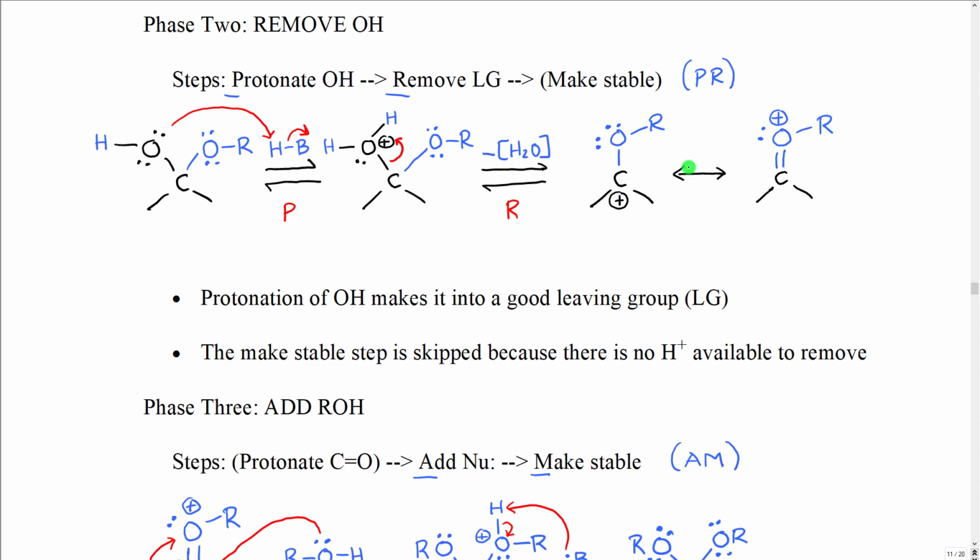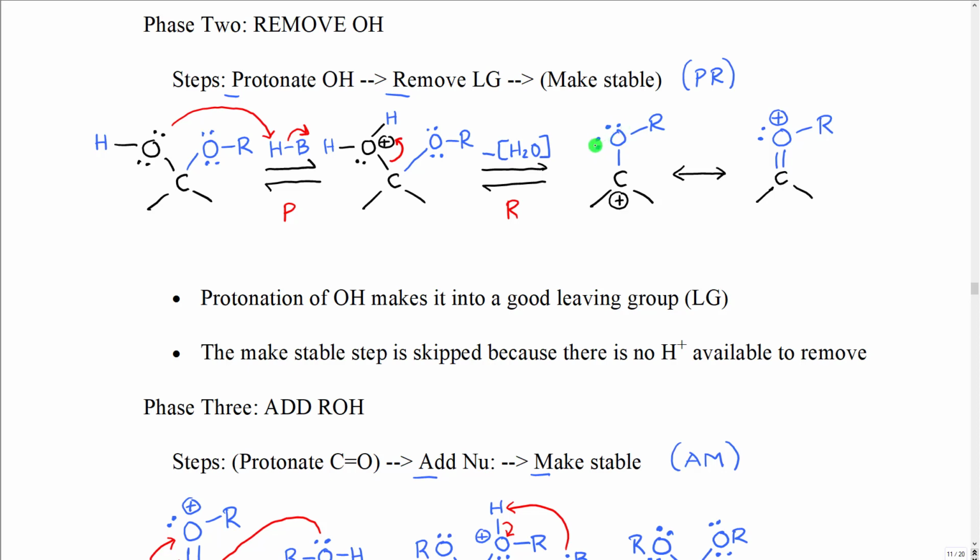Now, at this point, we've created this structure right here, where our carbonyl carbon now has only 3 groups attached. That's going to give it a positive formal charge. And normally, positive charges are going to be undesirable, and we would try to get rid of them by deprotonating. But in this particular case, we have another option. The adjacent OR alkoxy oxygen has lone pairs on it.